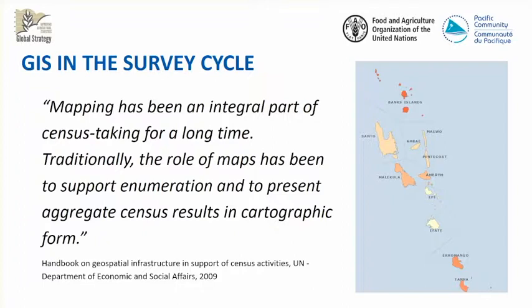agricultural census. Okay, so when I talk about statistics data, we all understand that it's agriculture, household and population, survey, census, and so on. Here, the GIS in the survey cycle.